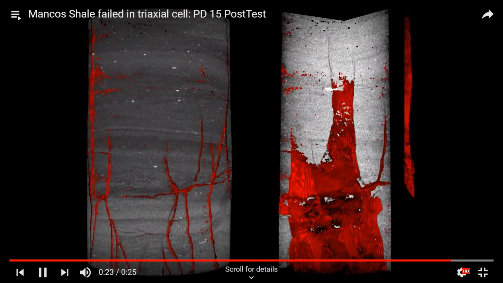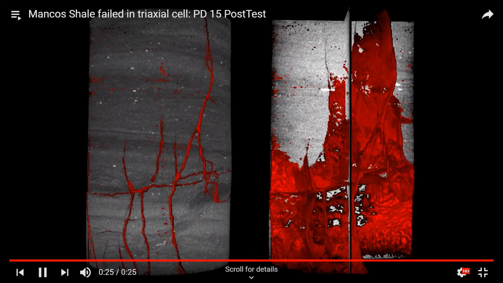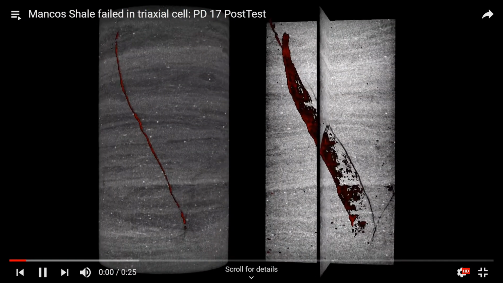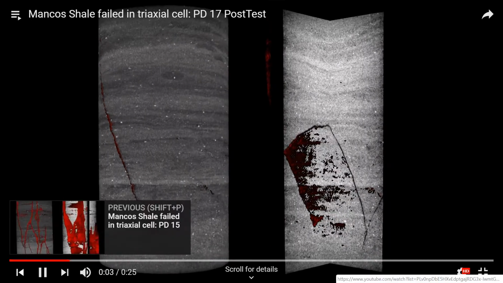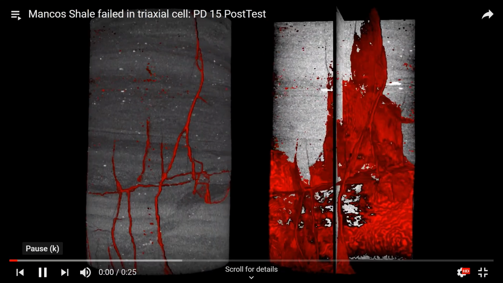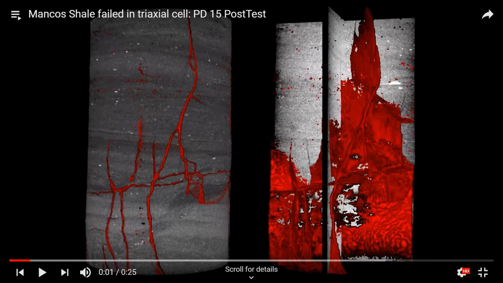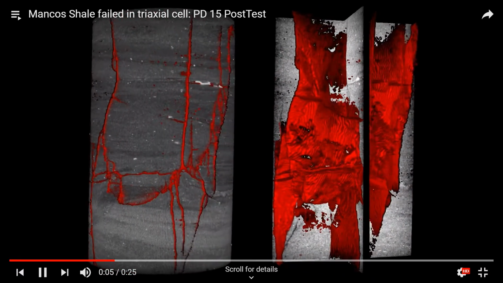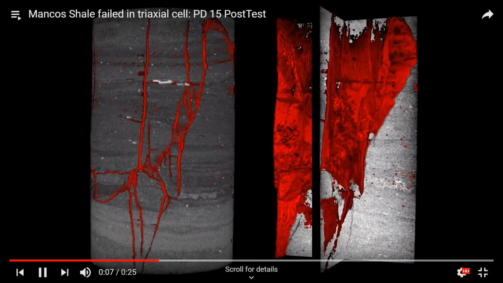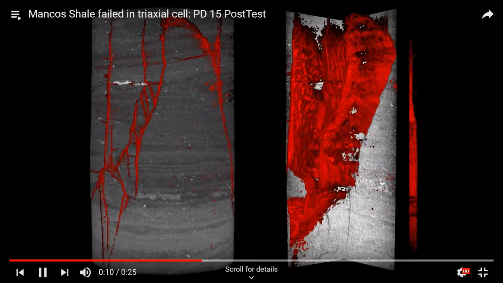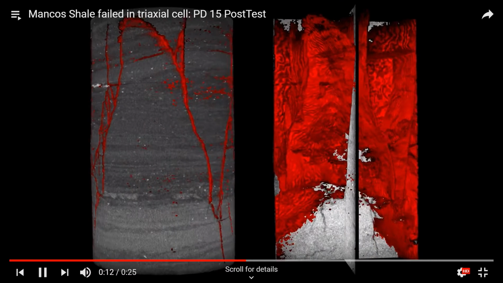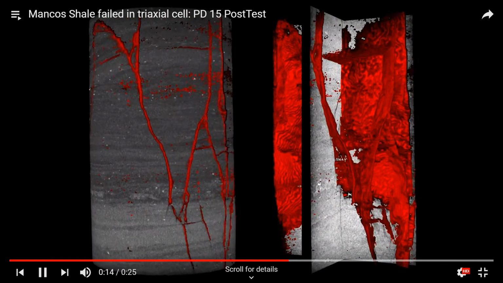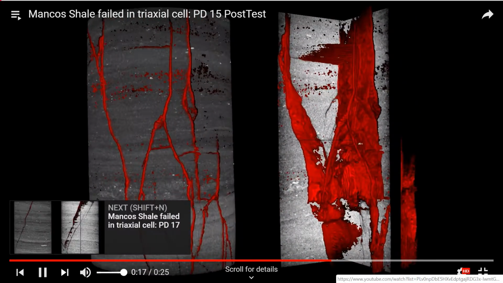You can see how fractures develop, and sometimes how the laminations, particularly in the previous case, also like to concentrate fractures in those planes. Like that fracture, you see it's going through the lamination planes, and sometimes some of the fractures that are at the angle that you would expect, they deviate when they get to some of these laminations.